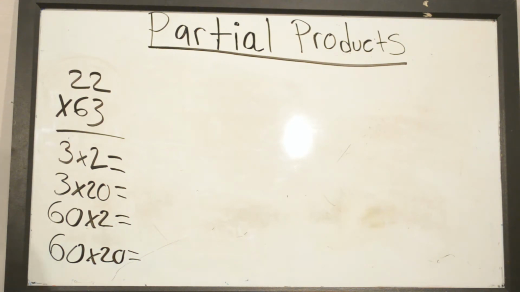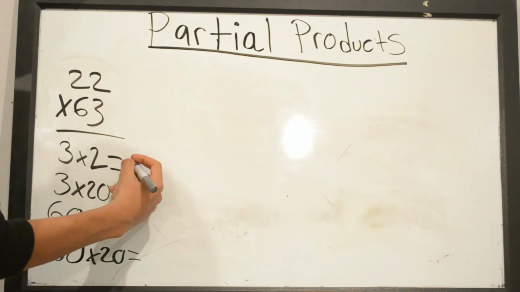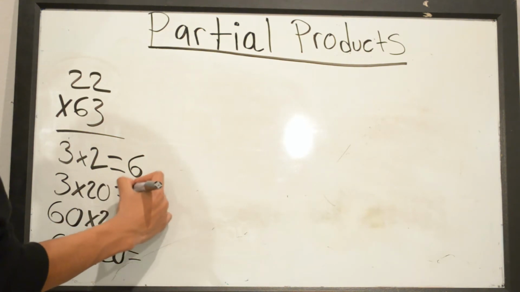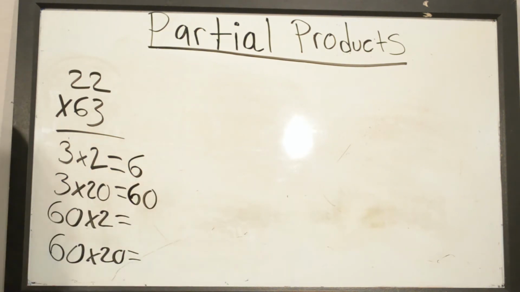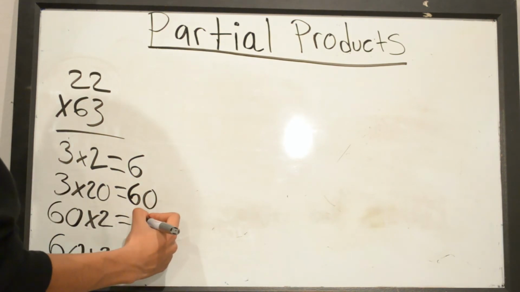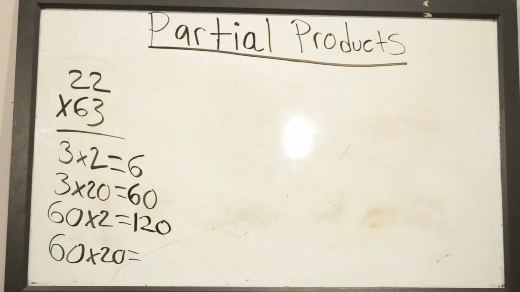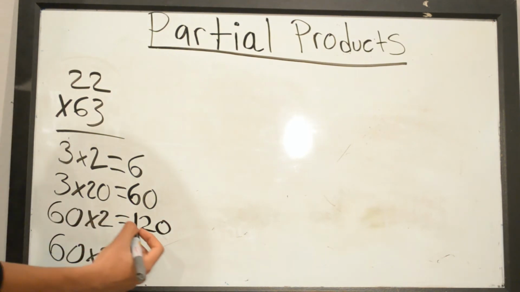So now we multiply 3 times 2 is 6. 3 times 20 is 60. 60 times 2 is 120. 60 times 20 is 1,200.